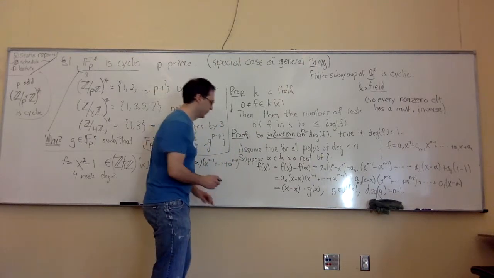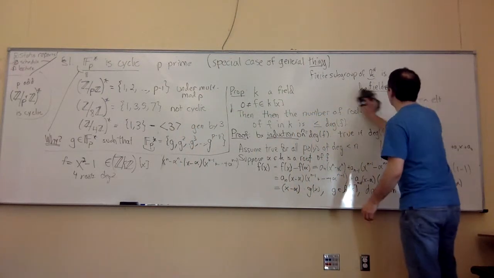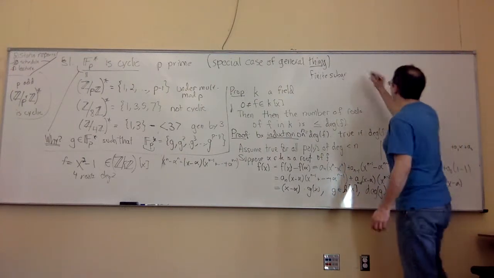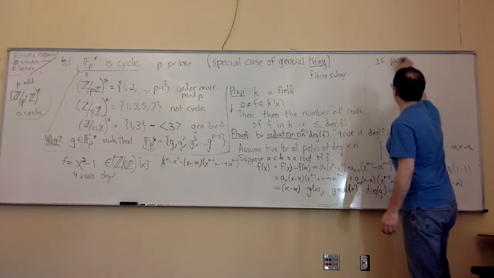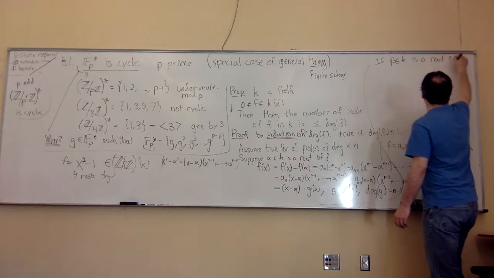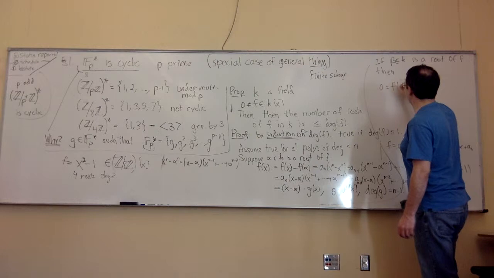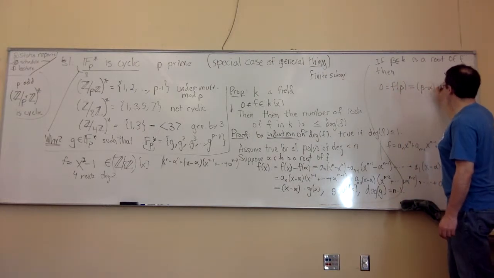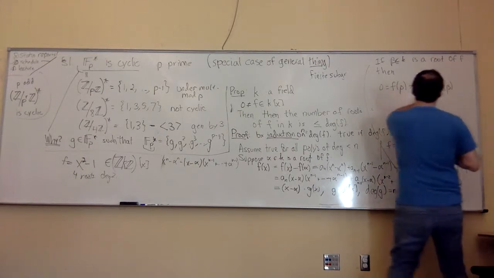So let me belabor that point a little more. If β in K is a root of f, then what do you have? You have 0 = f(β), which is equal to (β − α) g(β).